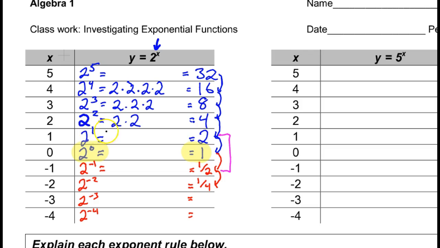So 2 to the positive 1 equals 2, 2 to the negative 1 equals 1 over 2. 2 to the positive 2 equals 4, 2 to the negative 2 equals 1 over 4. Do we see a pattern here? 2 to the positive 3 equals 8. 2 to the negative 3 is 1/8.